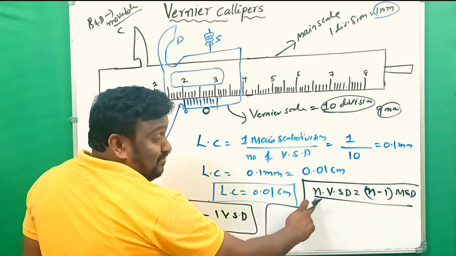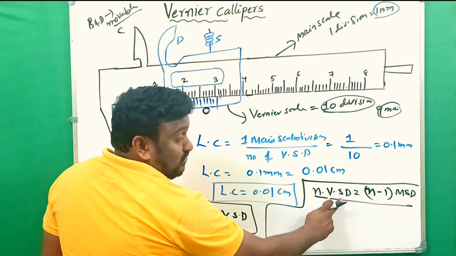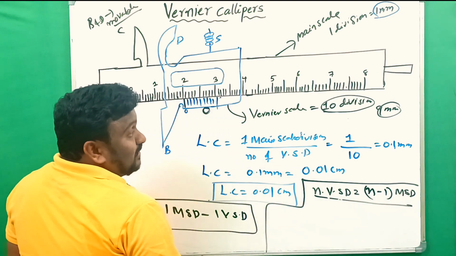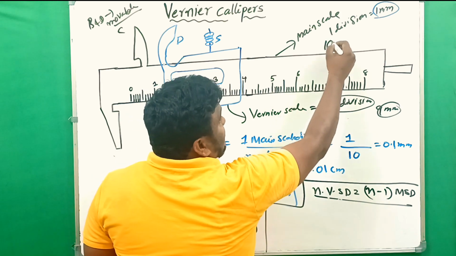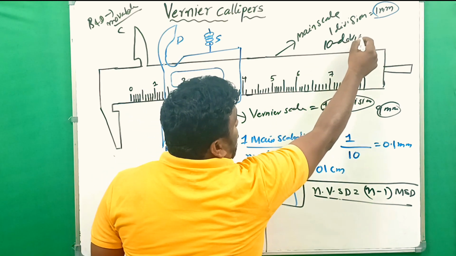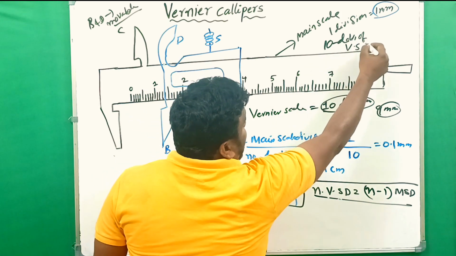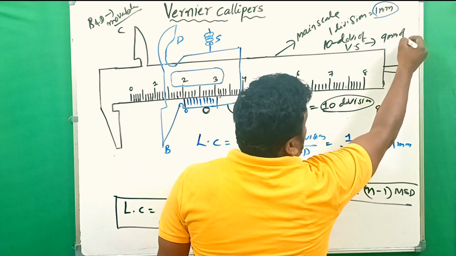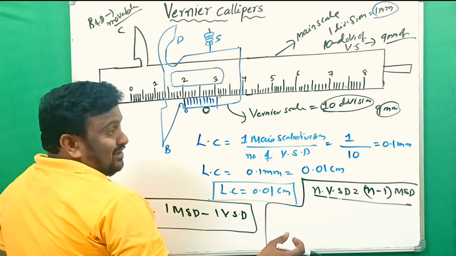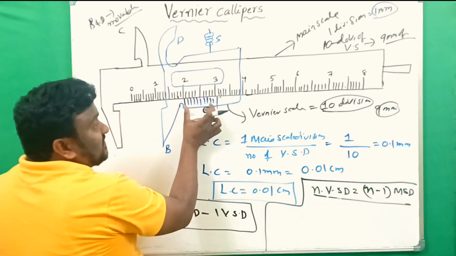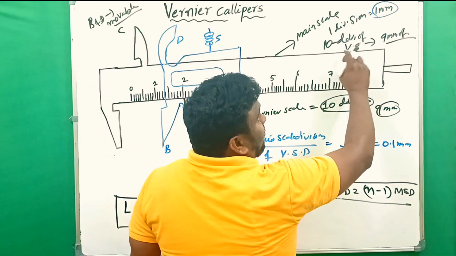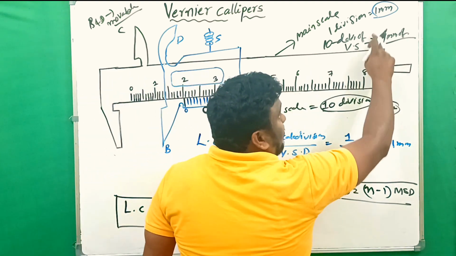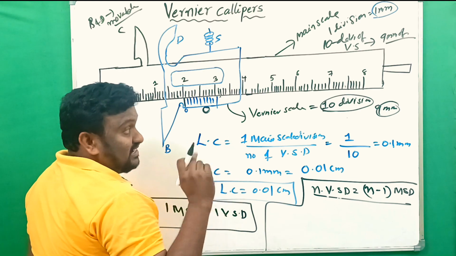N number of vernier scale divisions is equal to N minus 1 number of main scale divisions. That means 10 divisions of the vernier scale must be available in the part of 9 millimeters of the main scale.